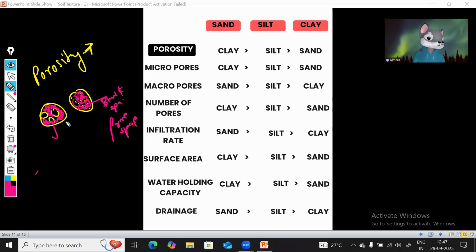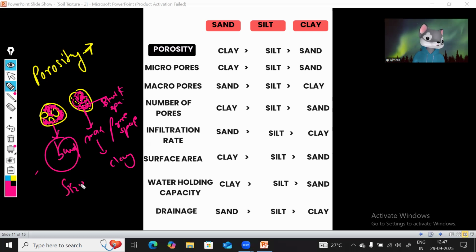So this shows that the more surface area, when we calculate the total surface area, the soil stays the same.